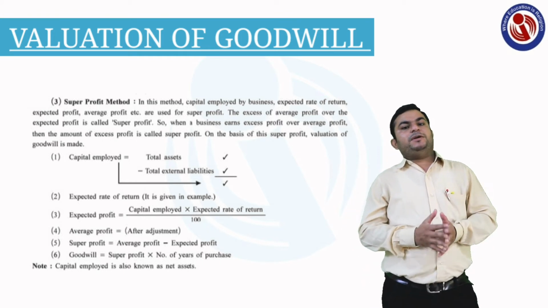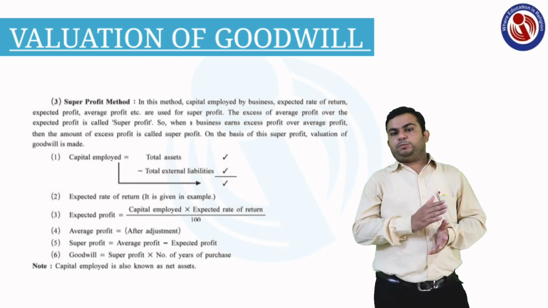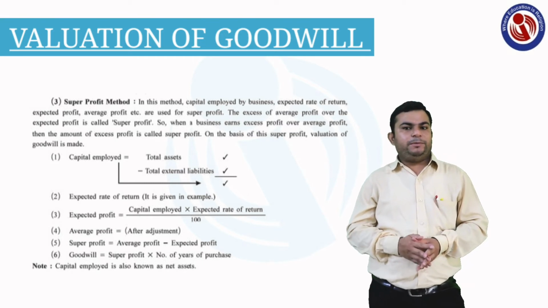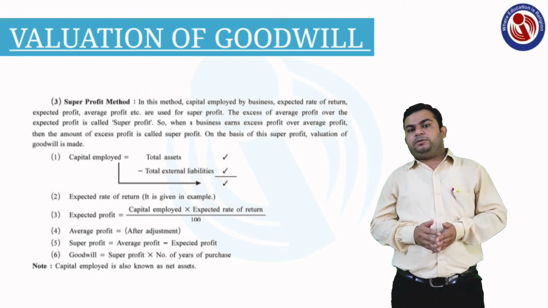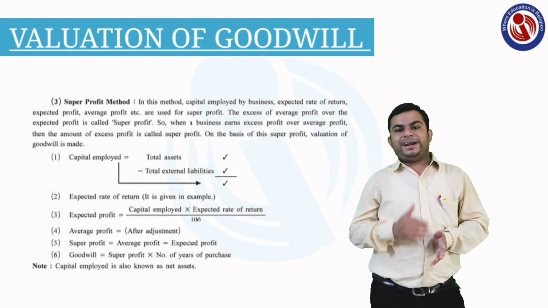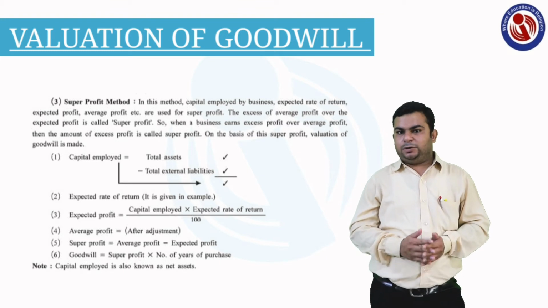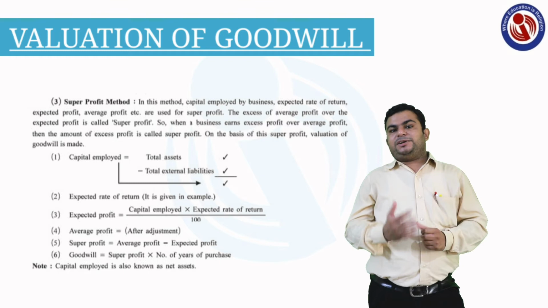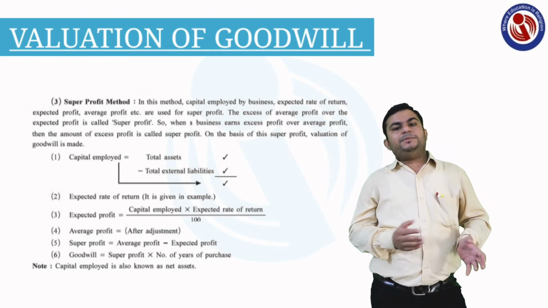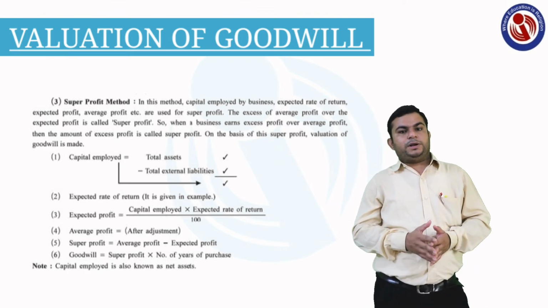Super profit will be found out by the formula of average profit minus expected profit. Meaning of the word super profit is the profit which we are getting over and above the normal profit. That is called a super profit. When we earn some extra profit as compared to other businesses, that is called a super profit.